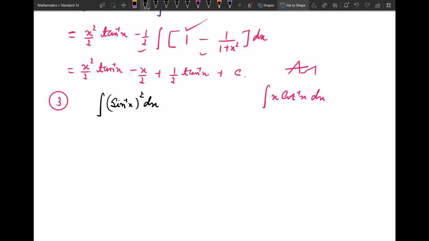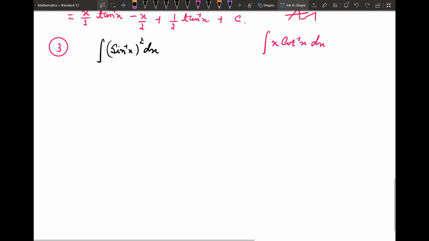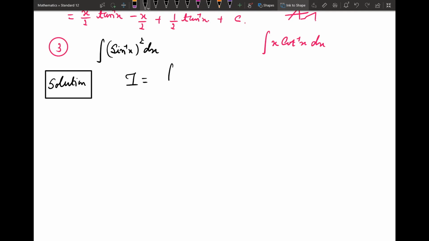So we denote this by integration I. Solution. So first let us denote this by I equal to integration of sin inverse x whole square dx.